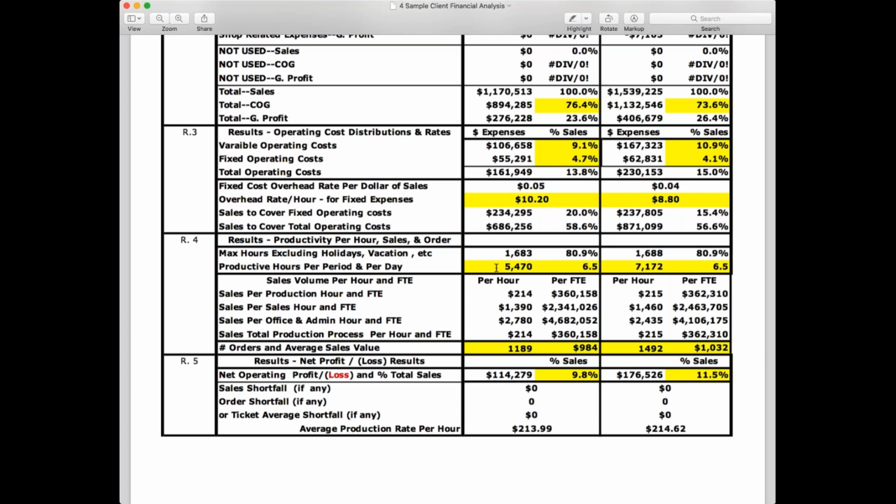Their productive hours, the FTEs for production are productive about 5,400 hours, which is around 6.5 hours a day, and that stayed relatively stable. So their rate of growth for the FTEs is consistent with their rate of growth in sales. They're staying relatively the same.